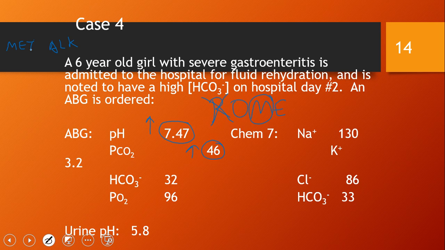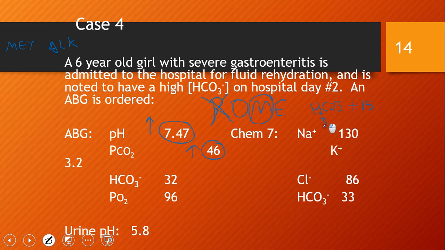Do you remember? That's right. If you have metabolic alkalosis, the next thing you're going to do is a little equation to find out if it is compensated or not compensated. So that's going to be the HCO3 plus 15. So what's our HCO3?